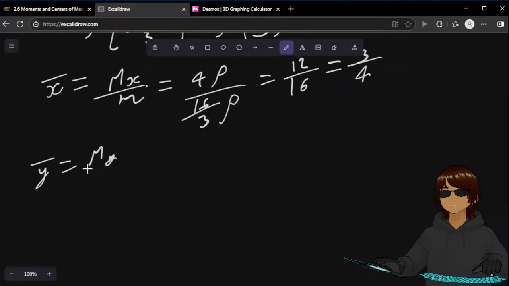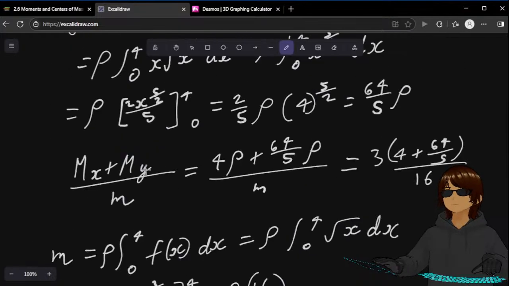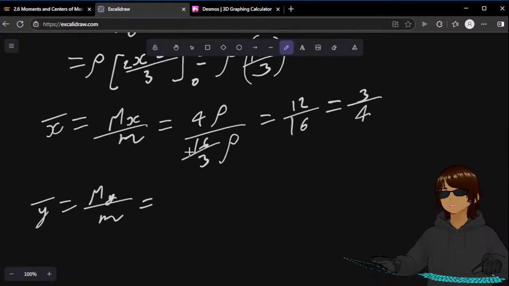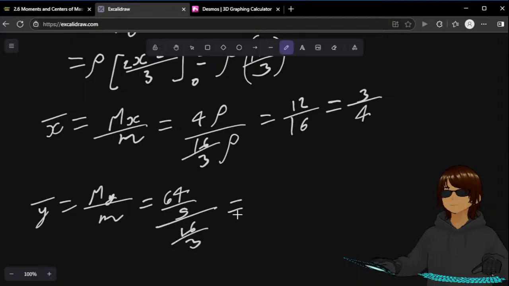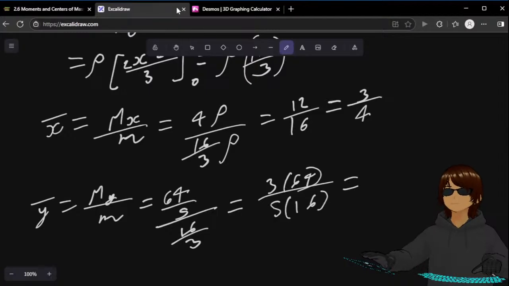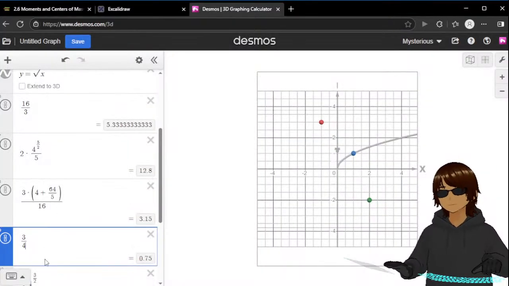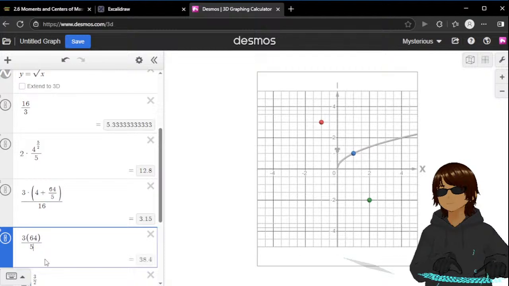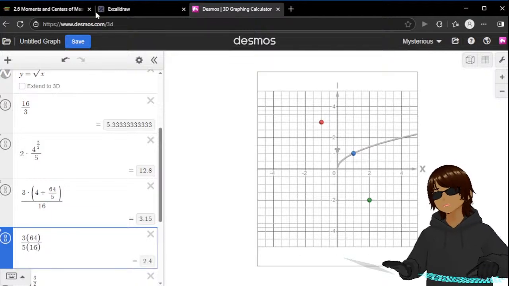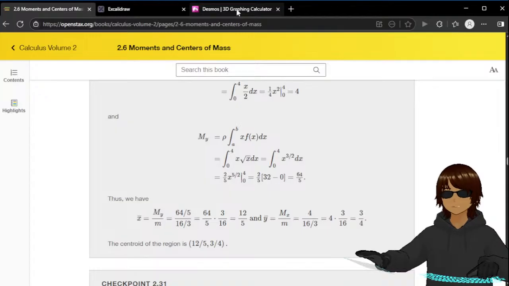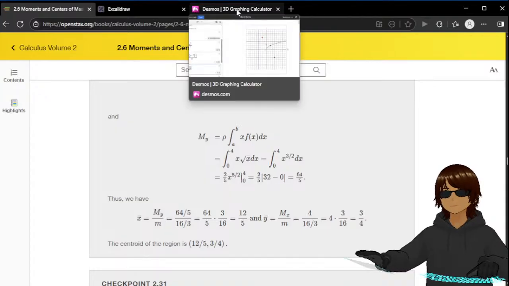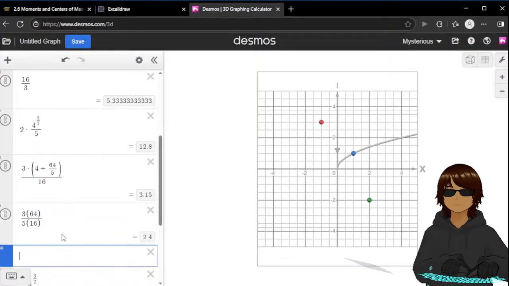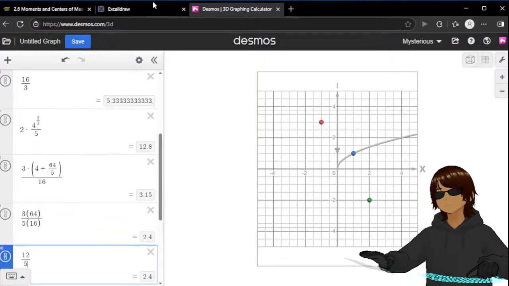Y: 64 over 5 divided by 16 over 3. 64, 5, 16. 16, 2.4, 2.4. Yeah, 2.4.